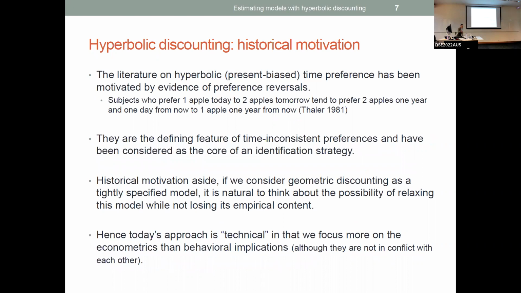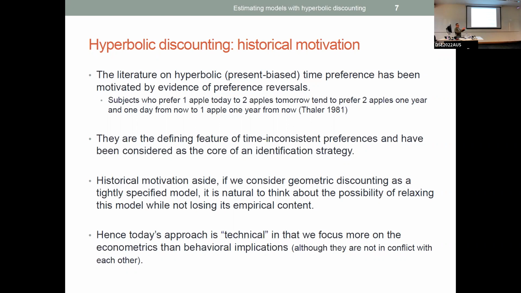Now, I jump back and forth, so I jumped to the econometrics a bit, and now let's talk a little bit about the behavioral motivation. The historical motivation for hyperbolic discounting models has been evidence of preference reversals. In the classical Thaler apple example, you'll be presented with several scenarios. Subjects who prefer 1 apple today to 2 apples tomorrow would tend to prefer 2 apples in 1 year and 1 day from now, as opposed to 1 apple 1 year from now.